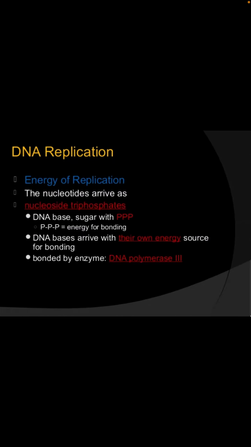In DNA replication, the energy arrives from the phosphate attachments of the DNA bases and sugar. DNA bases arrive with their own energy sources for bonding, and they are going to bond first of all with the DNA polymerases.